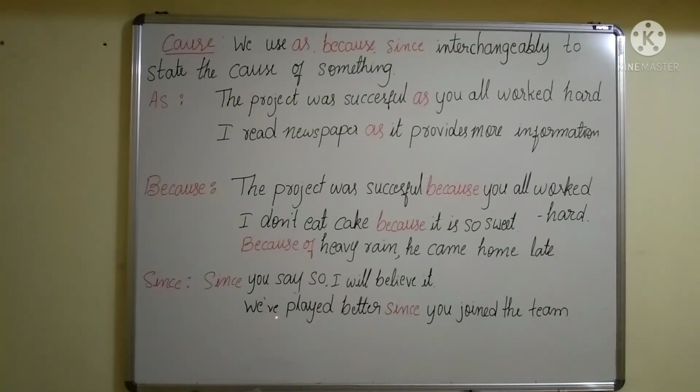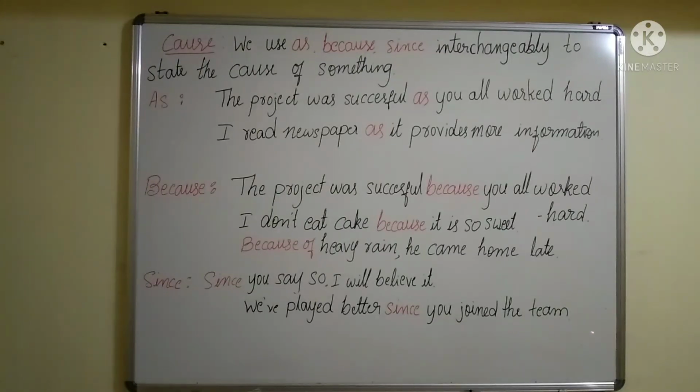Next, "We have played better since you joined the team." Here in this sentence, an independent clause has taken place first. We have played better. This is an independent clause. So I didn't use any comma here. It is not necessary.